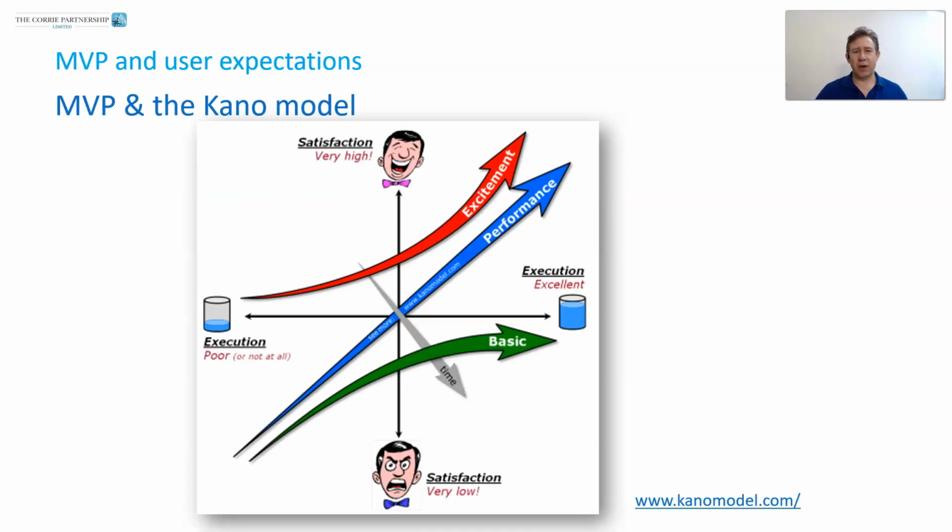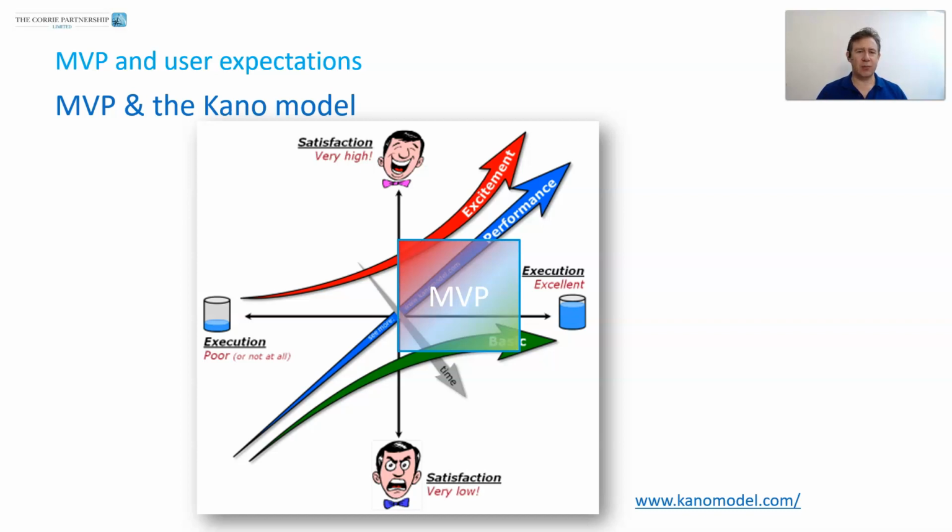And one way to look at this, one way that was taught to me when I was learning how to become a product owner, was comparing this to something called the Kano model. And this is where we look at satisfaction of the customer based on the level of execution of the product. And within that, we can work out where that MVP should sit.